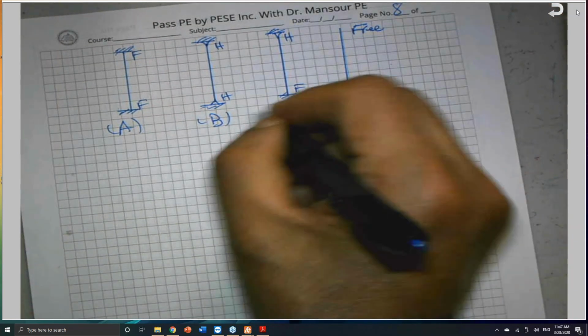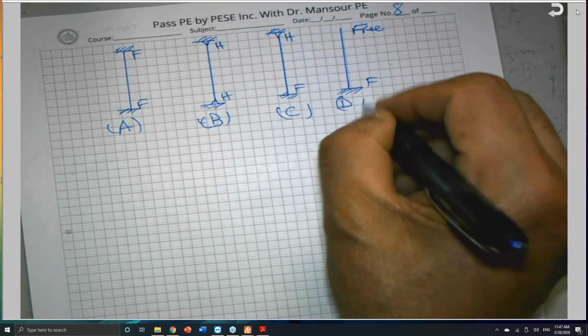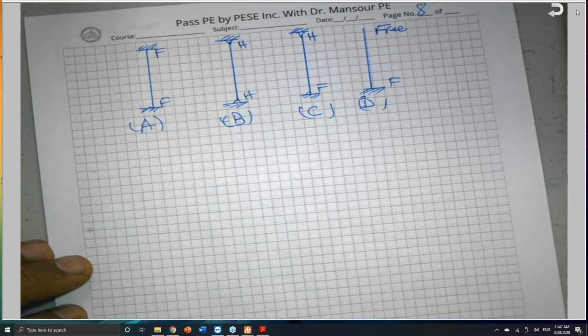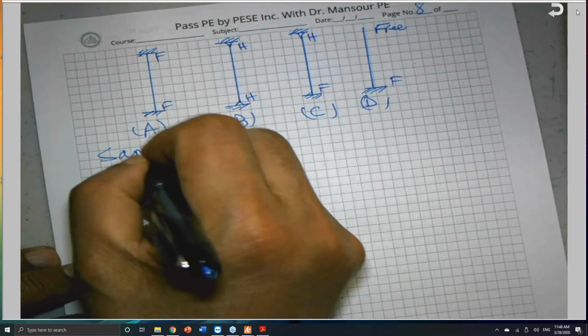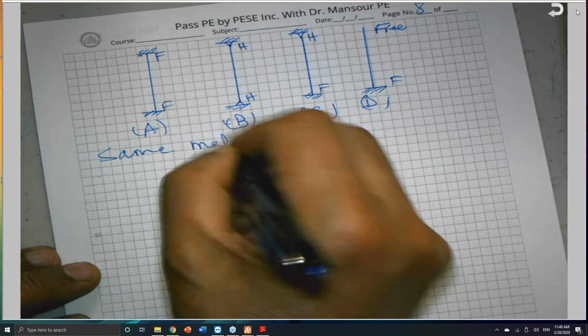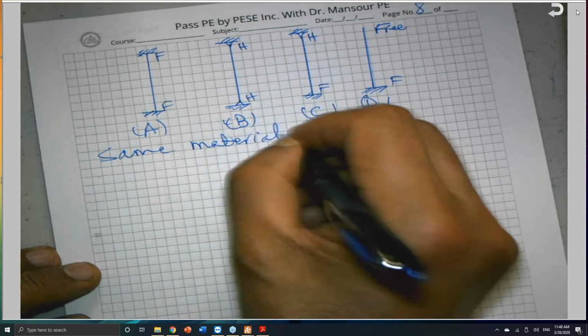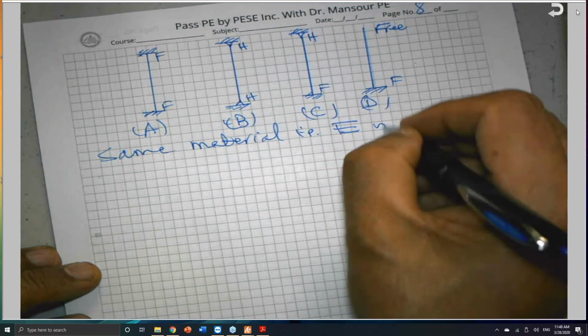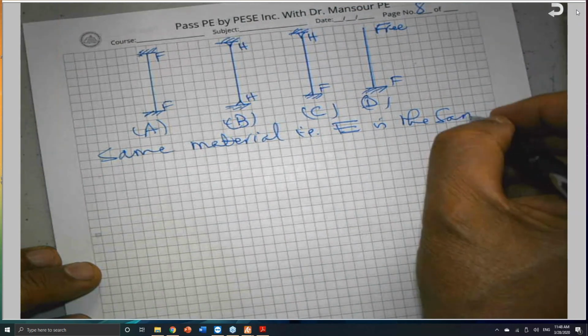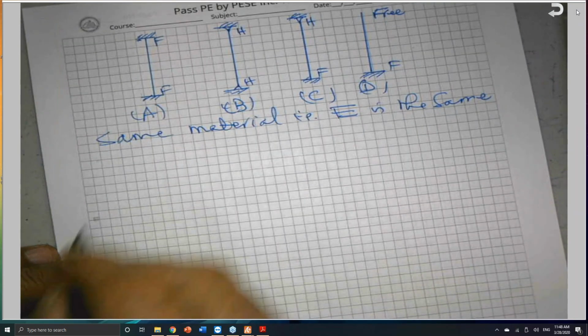The four columns, as shown, are made from the same material, so the modulus of elasticity E is the same for all, and the same cross section.